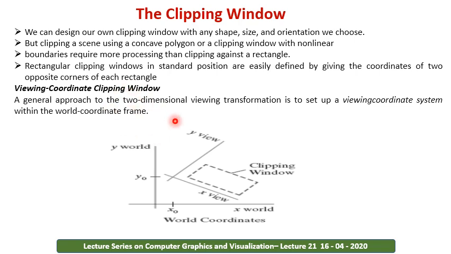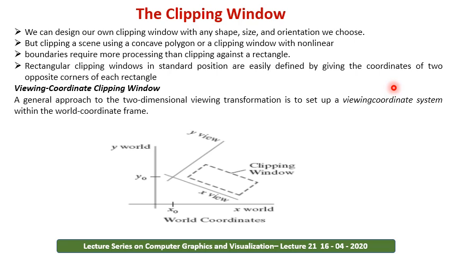As a general approach, the two-dimensional viewing transformation is set up in a viewing coordinate system that we are going to consider within the world coordinate frame. Already we have discussed the two-dimensional pipeline.